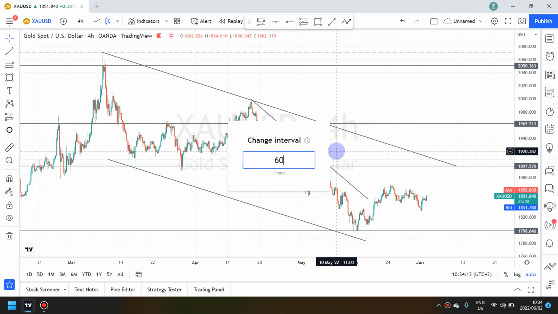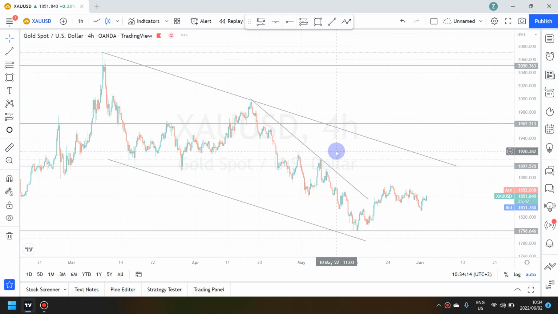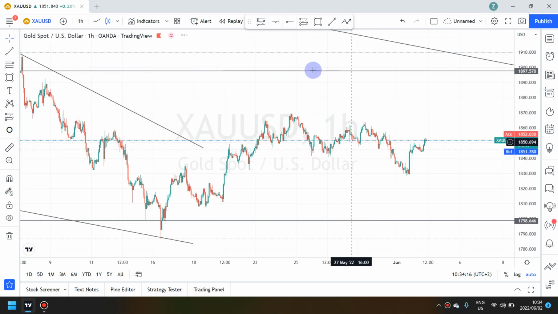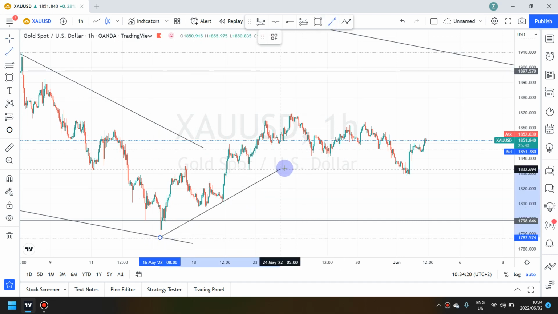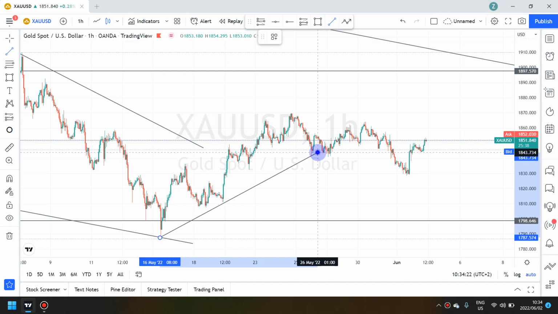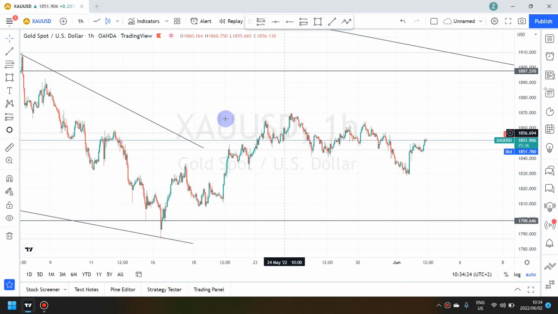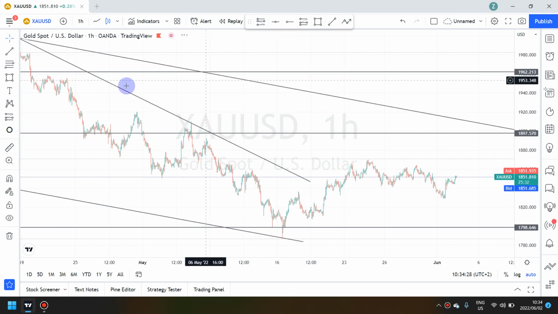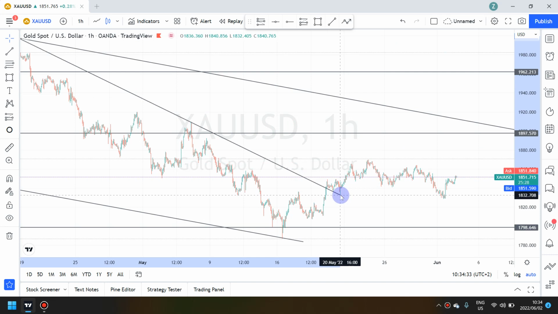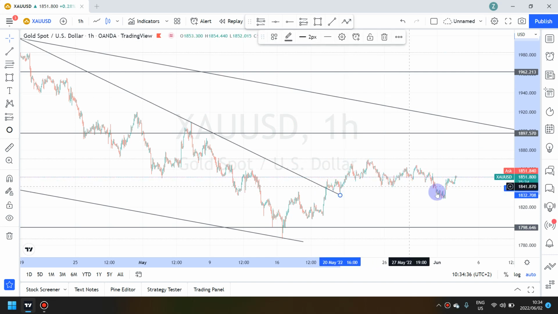So if I move to the hourly time frame, you would see that gold was selling, then gold broke out of our bearish trend, retested, and is now consolidating.